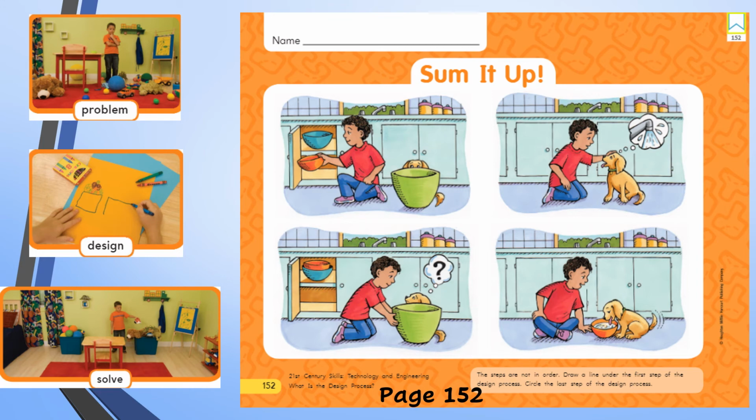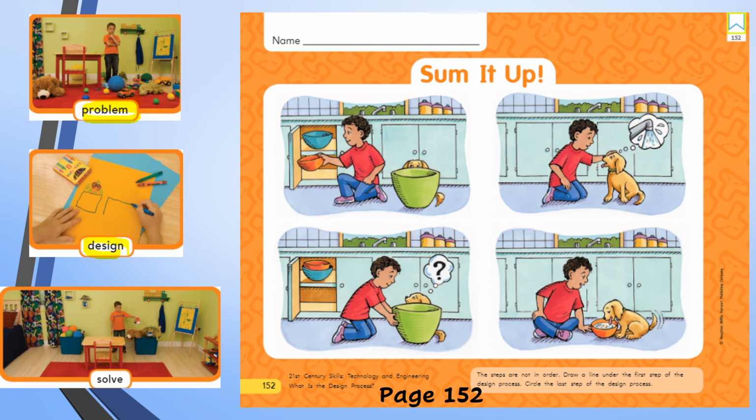And see if it's going to work. If not, then we're going to make our adjustments. We're going to fix it to make sure that it does work, because whatever our problem is, we want to make sure that our solution is really going to fix our problem, right? So over here, remember, we start off with the problem.